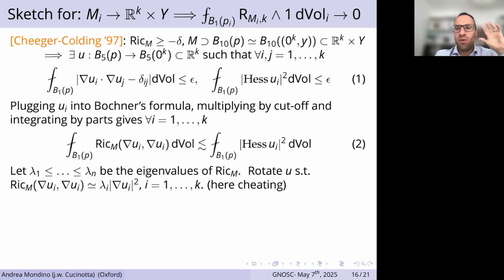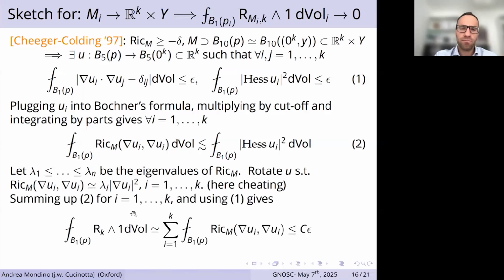So this would be true if we had a uniform smallness of grad u_i, grad u_j minus delta_ij. So if instead of L1 smallness I had the uniform smallness, this would be true. Here I'm cheating. One has to do some work to overcome this cheat, but that's the basic idea.